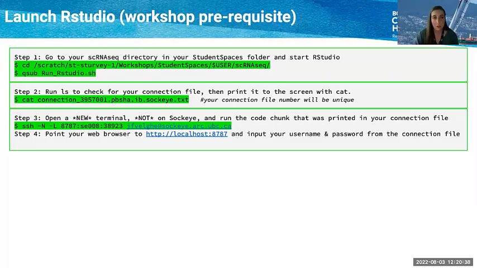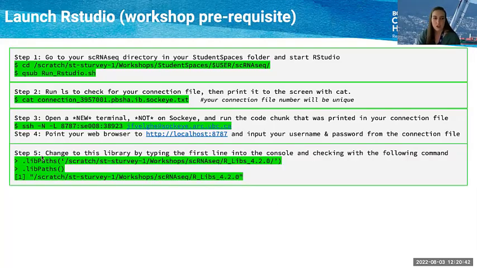So once you have RStudio open, I want you to change your lib paths. Type in .libPaths and then this file path. The reason we're typing it is that R does not like these little curly quote marks; it likes the ones that are just a vertical quote mark, so when you type it in, it will automatically adjust that.